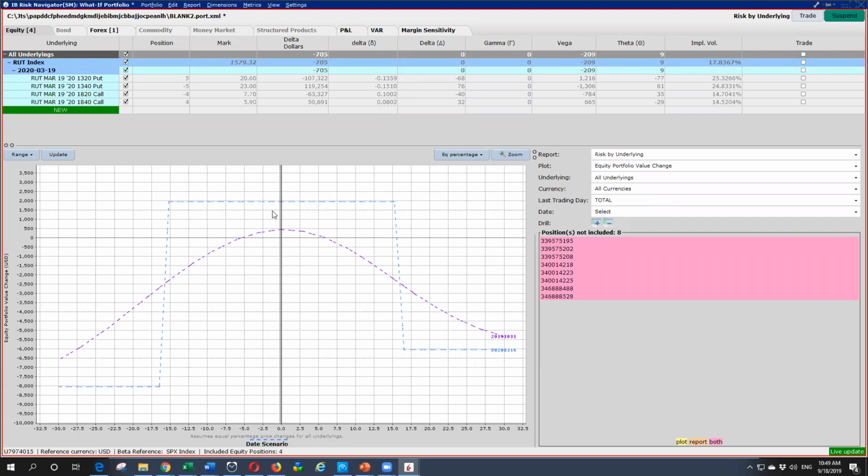It's called layering in or scaling in. So the market's sitting up here. I might take these calls off, roll them up, then add a second condor with the same call strike up here at the 20% line, and add another puts at the 10% line, and just move up and down with the market.